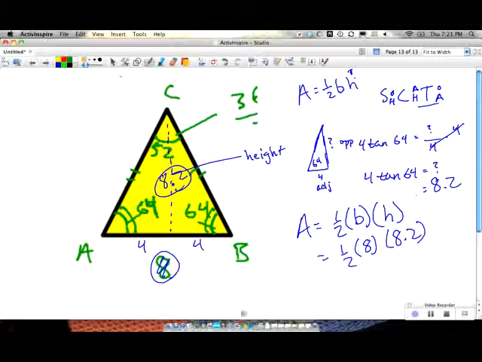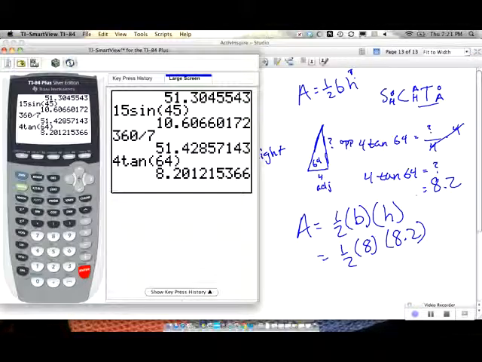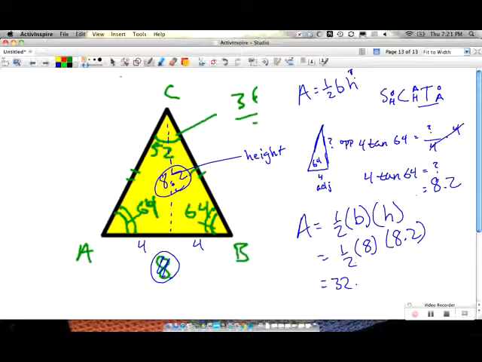That's for one triangle. How many do we have? Well, let's take a look. 7. Is it 7? Oh, that's a different problem. Here we go. We had 7 triangles. One triangle equals 32.8. So 7 triangles, how much would that be?